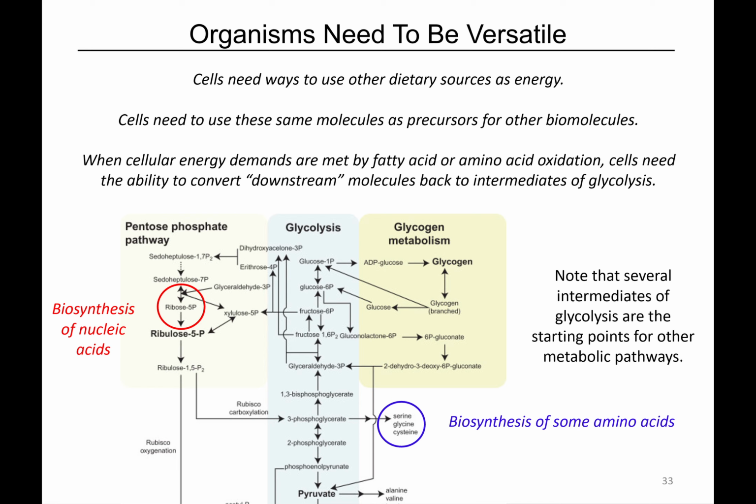Another big theme that you really need to appreciate is the idea that cells need to be dynamic. They need to be versatile. They need to be able to quickly respond to changing conditions, right? And practically what this means is that all these metabolites and all these pathways are linked.